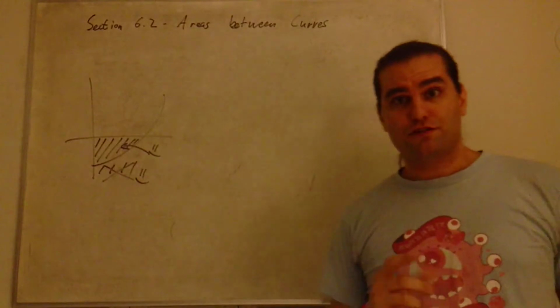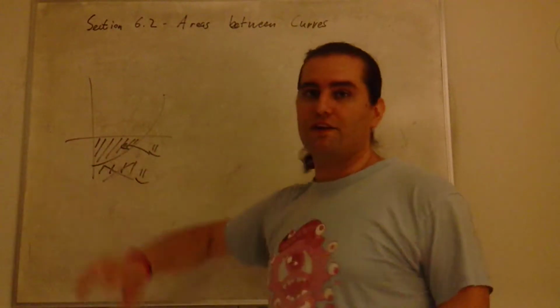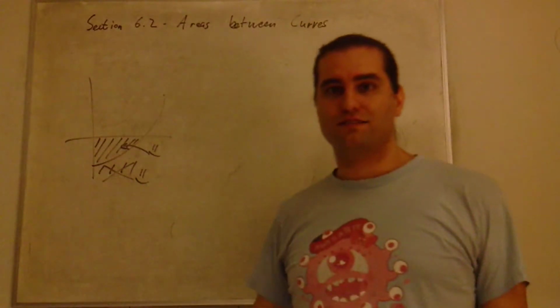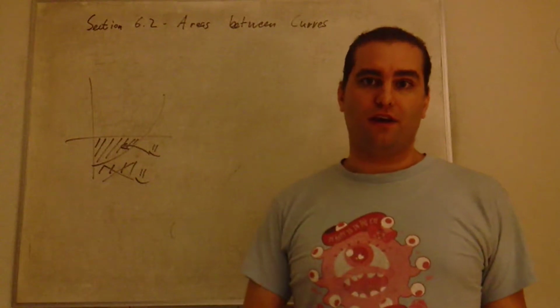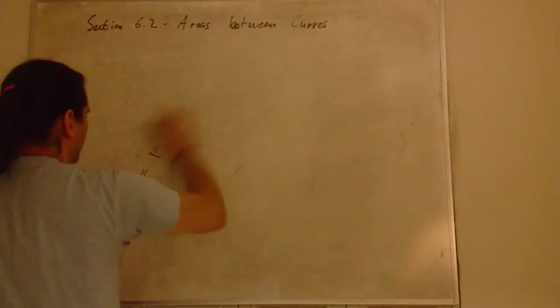So today we're going to do something slightly different. Instead of finding the area beneath a curve, or between the curve and an axis, we're going to find the area between two curves. So we're going to dive directly into an example of this so we can see what it looks like.